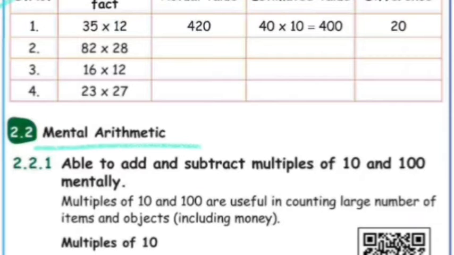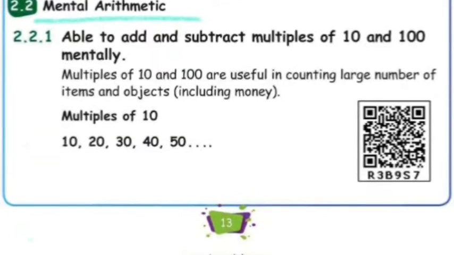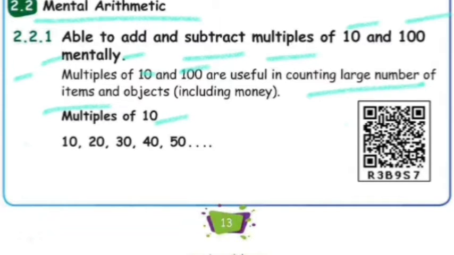Hello, today we are going to do mental arithmetic. Okay, so let's follow. Able to add and subtract multiples of 10 and 100 mentally. Multiples of 100 and tens are useful for counting a large number of items or objects, for example, money, etc. So multiples of 10: 10, 20, 30, 40 and 50 and so on.